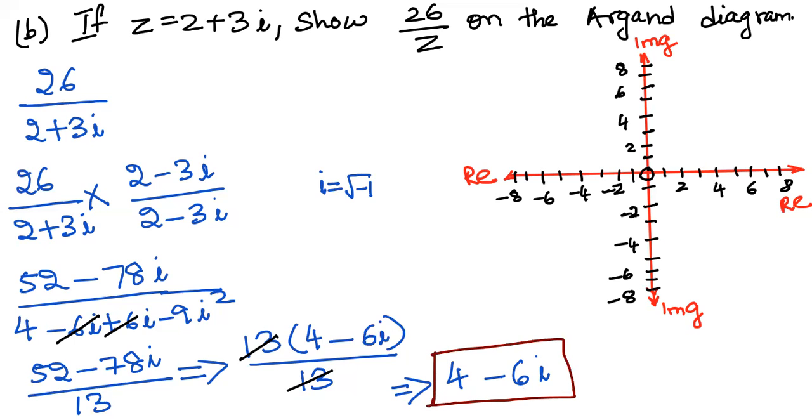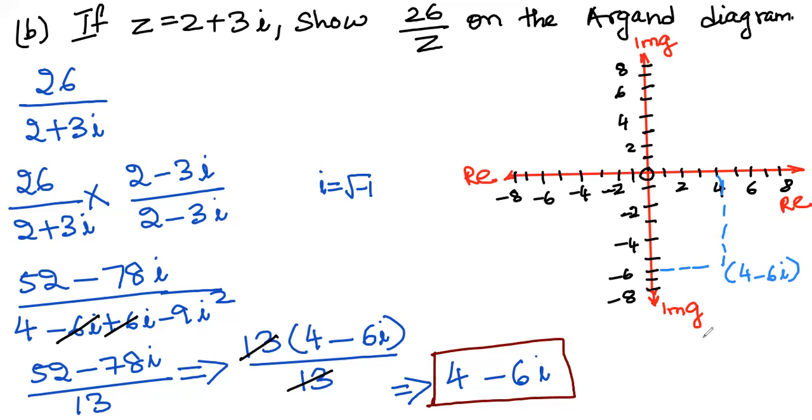So let's do that. 4 minus 6i. Real is 4 and imaginary is minus 6. So we have the coordinate as this point.